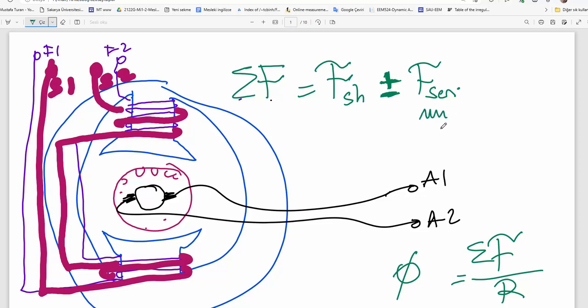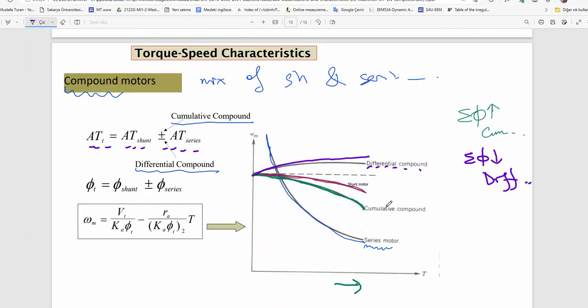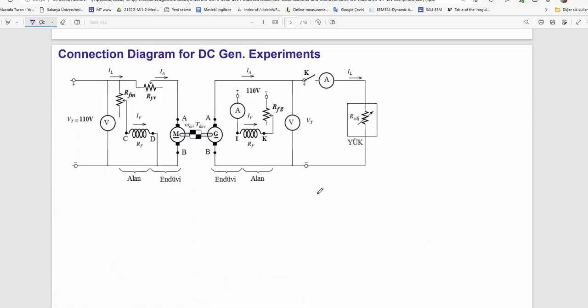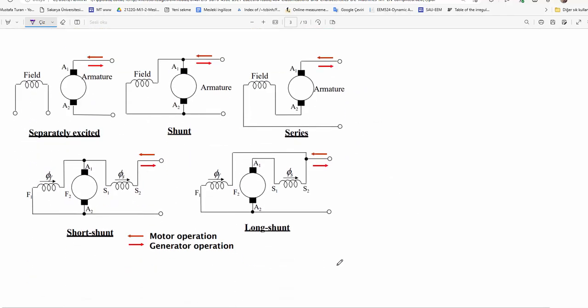We always discuss this one, whether it is supporting or opposing. That's it, let's conclude. The result will be one of these: differential and cumulative compound. Perhaps you remember in the beginning we talked about short shunt and long shunt. It makes not much difference, but cumulative or differential connection makes a dramatic change.